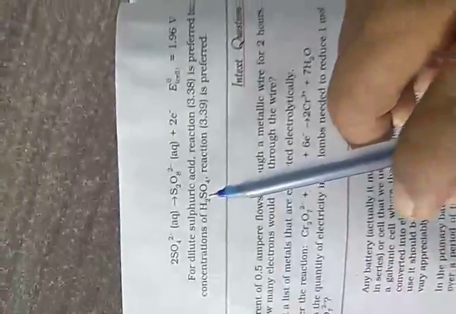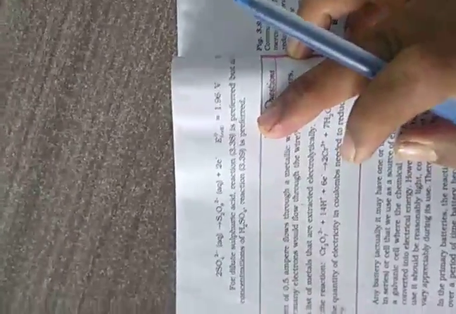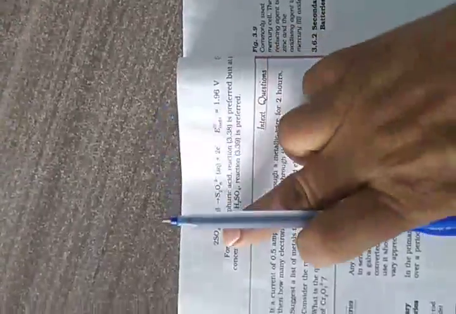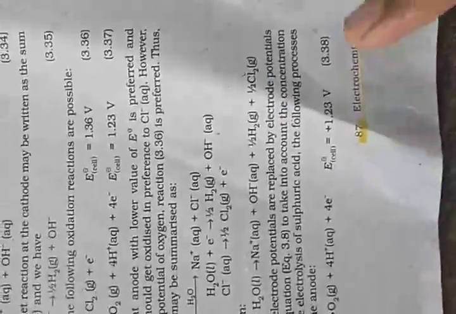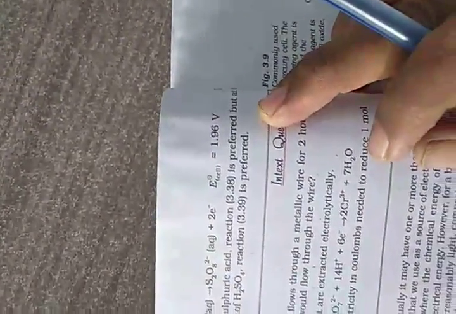For dilute sulfuric acid, reaction 3.38 is preferred, but for concentrated H2SO4, reaction 3.39. If you are using concentrated sulfuric acid, this gives sulfate ions, and if the solution is dilute, then it will produce only H+. So this is for dilute sulfuric acid and this is for concentrated sulfuric acid.